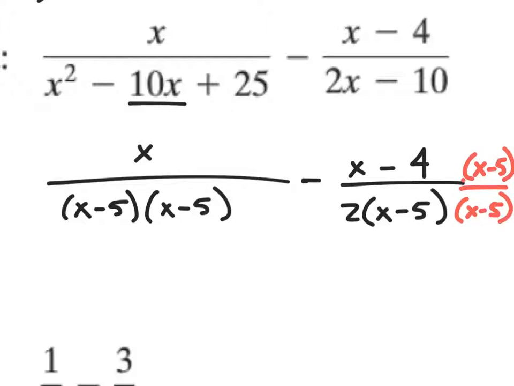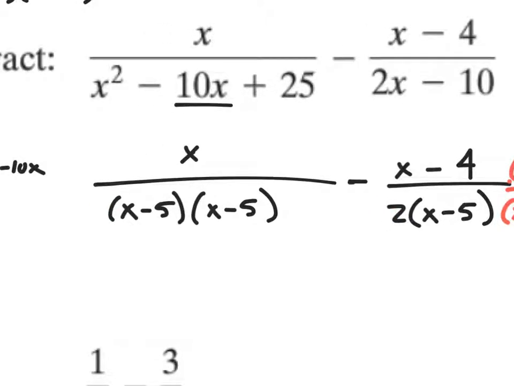And then notice we're pretty close to having common denominators. We've got 2 x minus 5s here, 2 x minus 5s here. This one doesn't contain the 2. So the other thing that I need to do here is multiply this by 2 over 2.